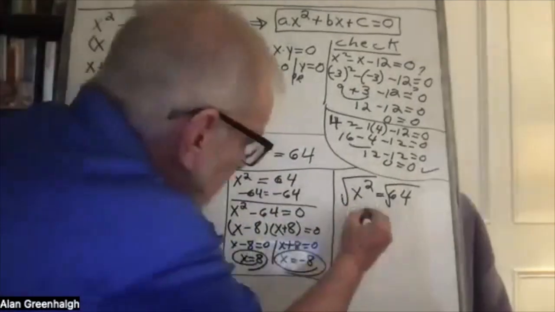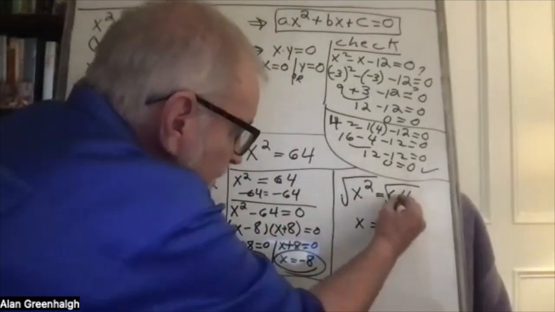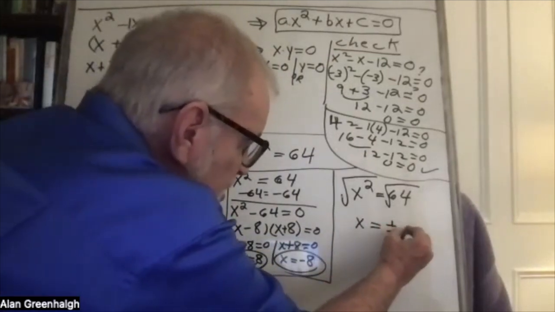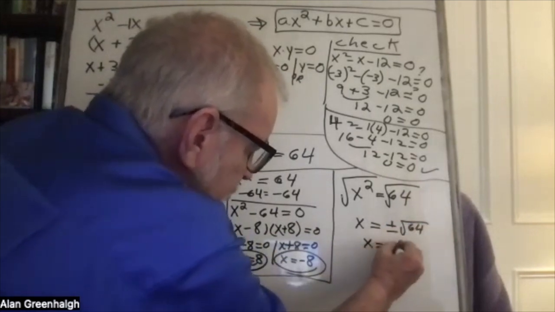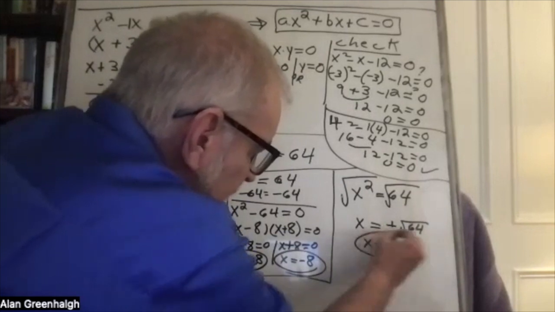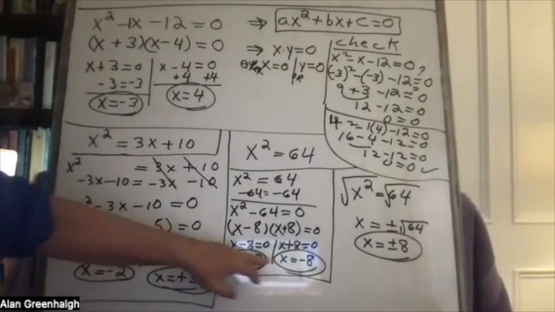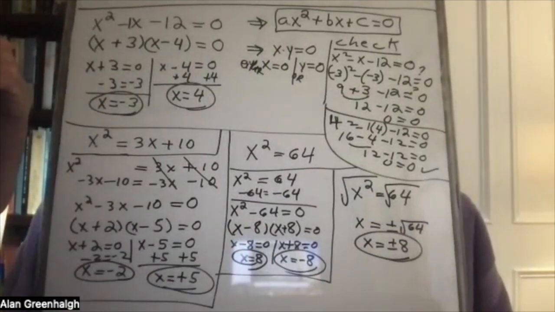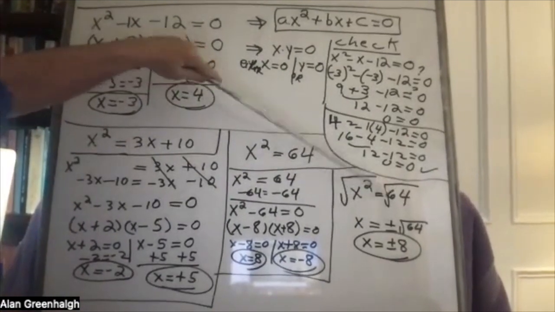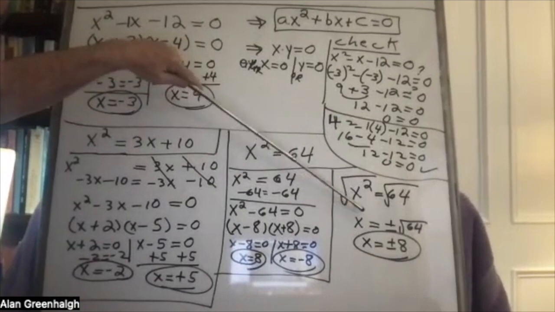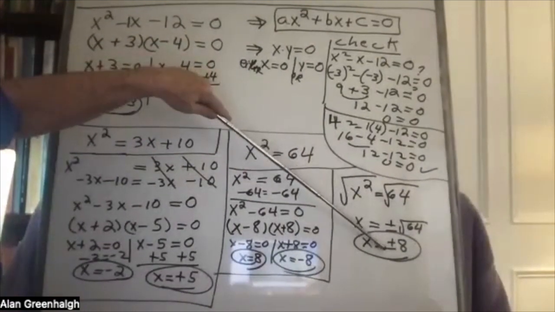Just be careful, because x is equal to not only the square root of 64, but plus or minus the square root of 64, plus or minus 8, which we know is true because we got the same answer here, except we separated it into two parts. So the problem with solving it this way is you must keep in mind that when you get an answer, it's going to be one positive and one negative.